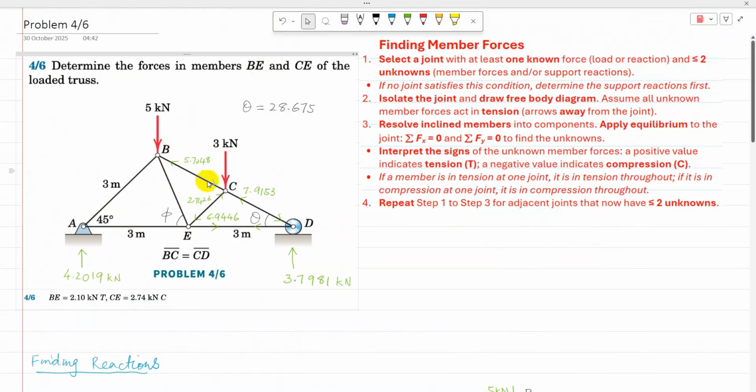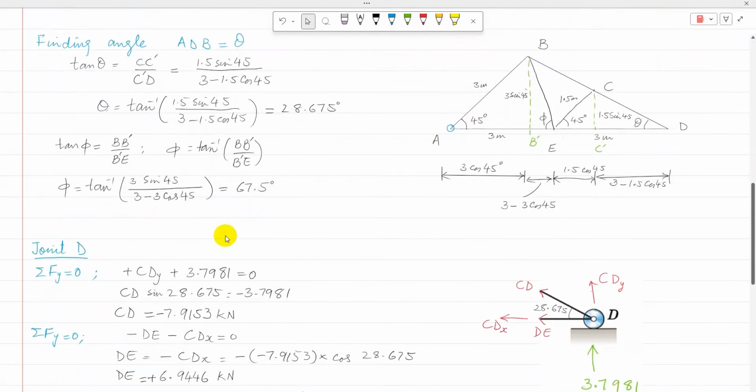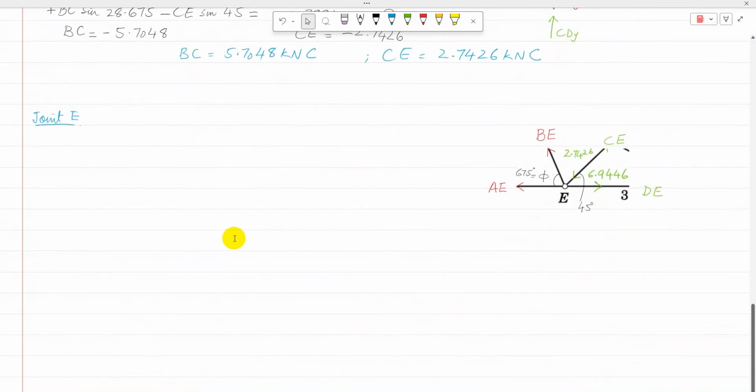AE is not required because we have already calculated CE. So now we have to find BE. For that purpose, we need to resolve them into their components. DE is already horizontal. Then CE is in tension, so one component CEY is negative, and the other one is CEX, that is again negative. AE is already negative.